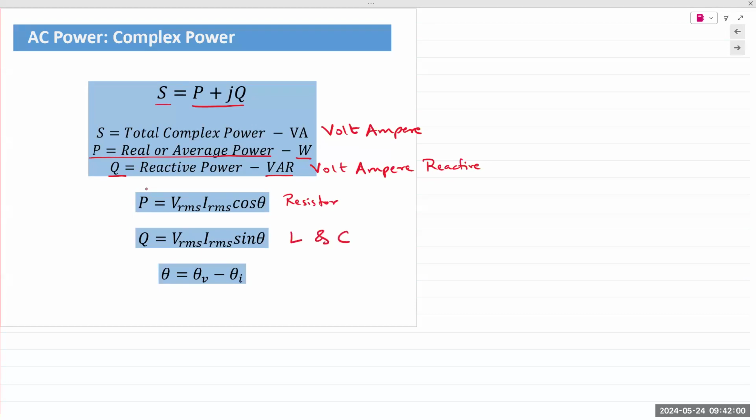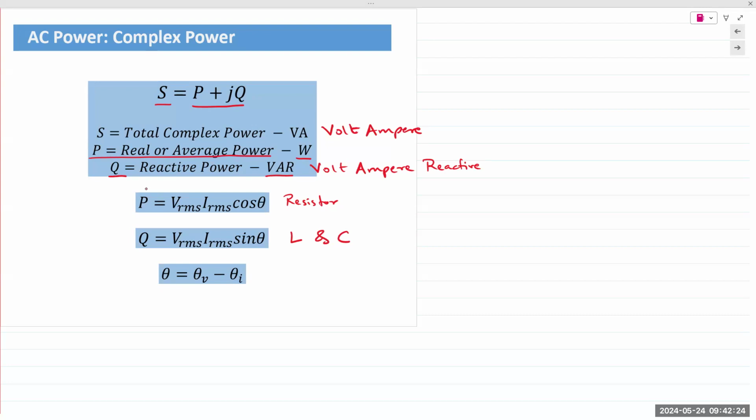This is for inductor and capacitor. Q is associated with inductor and capacitor. P is associated with resistor. So again, no matter which component you're dealing with, once you determine the equation that you wish to use, you need to find the voltage and current for that particular component. So this is one set of equations that you can use.